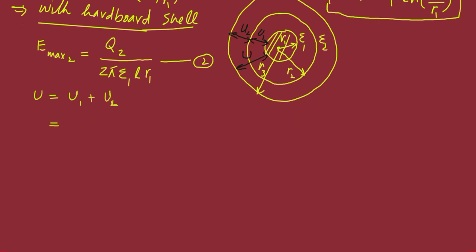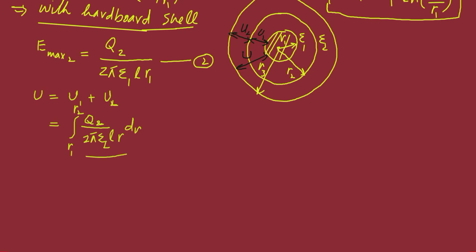So U1 will be equal to Q2 over 2 pi epsilon 2 L R dr, and limits from R1 to R2.